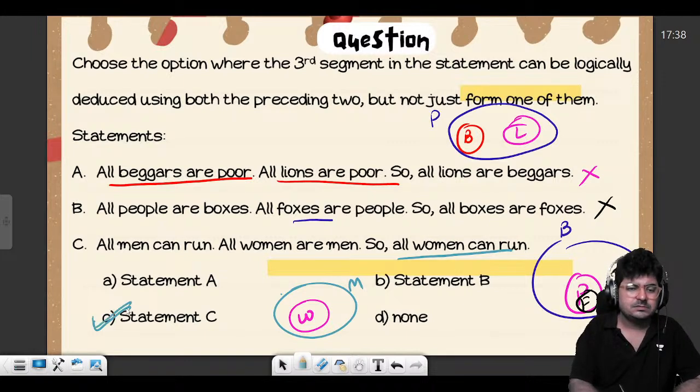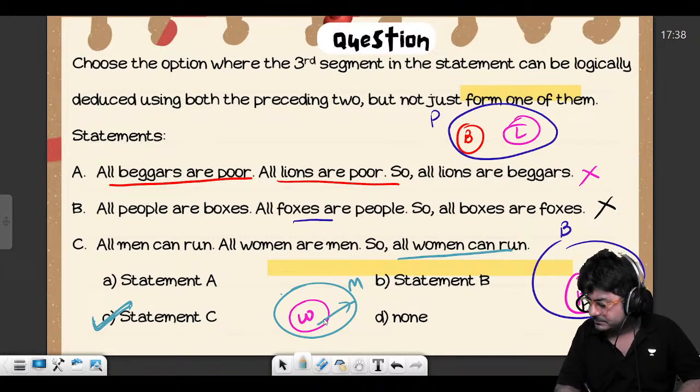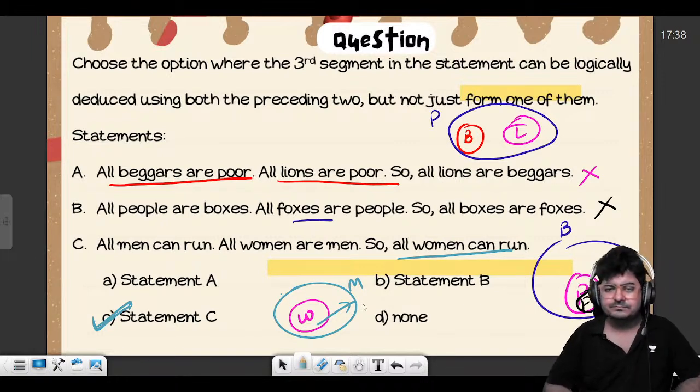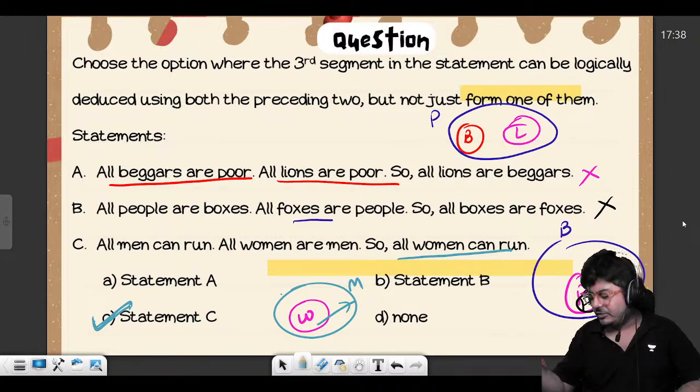Correct, because all women are men. Whatever men do, women will do automatically. So men can run, so women can run. Correct. C is the answer, not B. Clear? Okay. This is how you can solve problems related to syllogism.